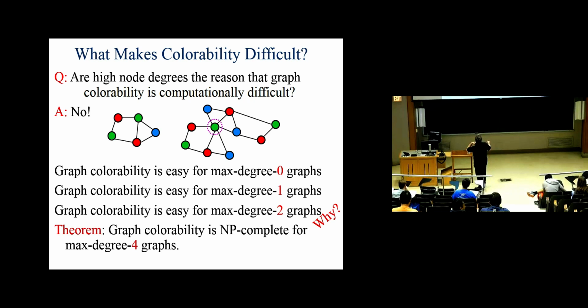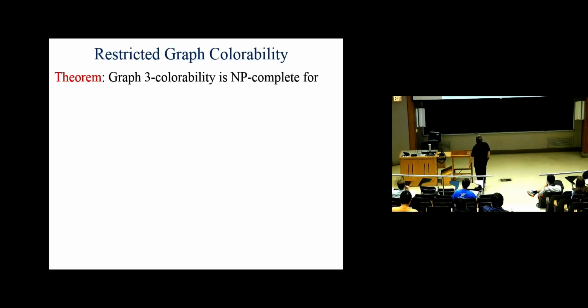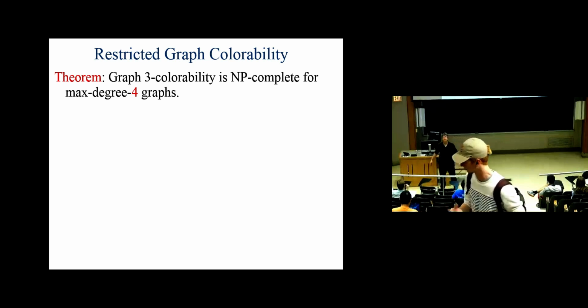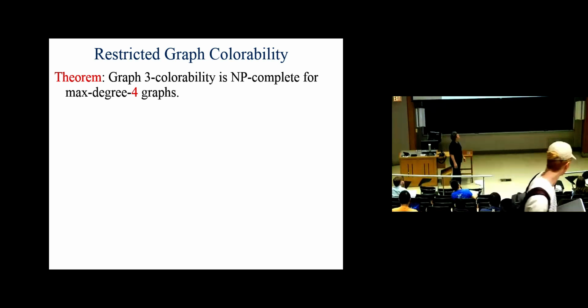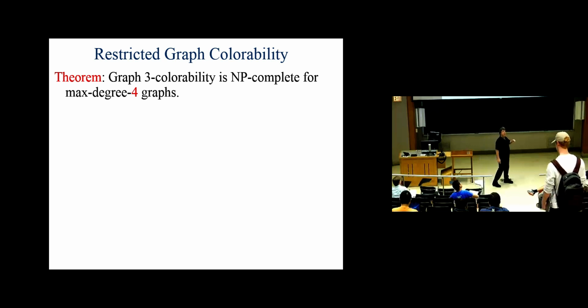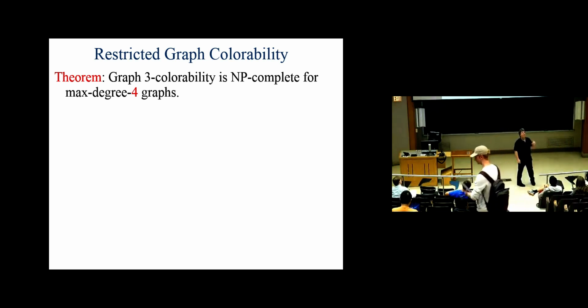So graph colorability is NP-complete for max-degree 4 graphs. We're about to prove that. So at 0 and at 1 and at 2, easy polynomial time algorithms, almost trivial. For degree 4, it's NP-complete. So at 4, this is where this parameter, when set to 4, computational complexity explodes for this problem.